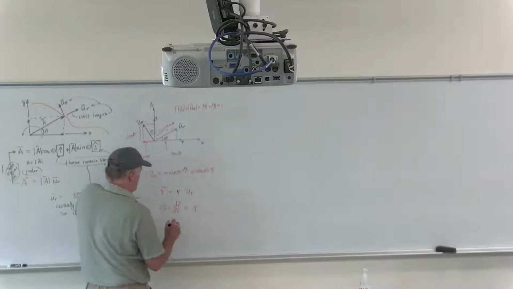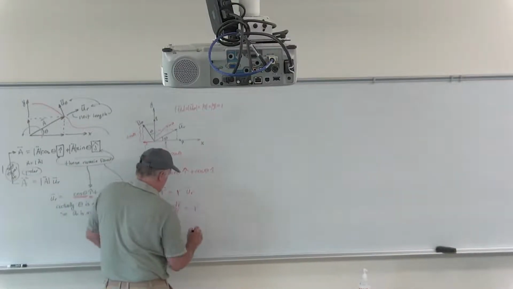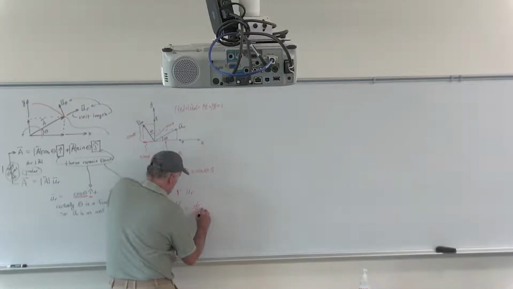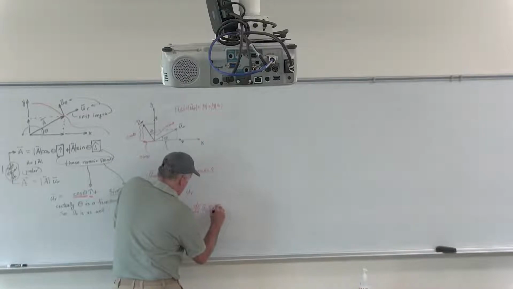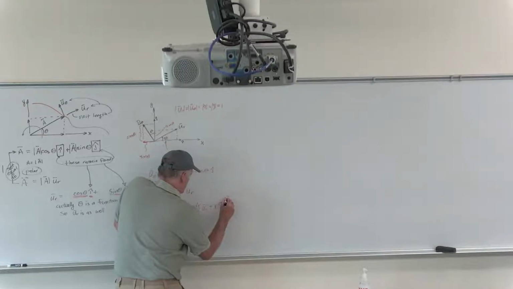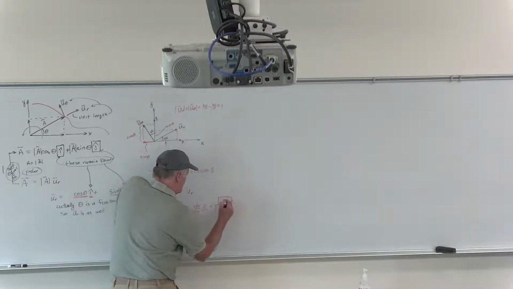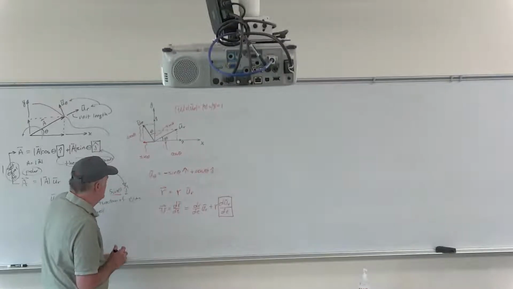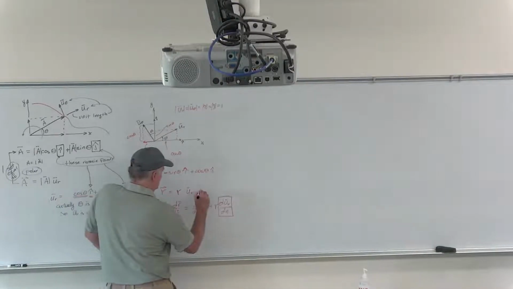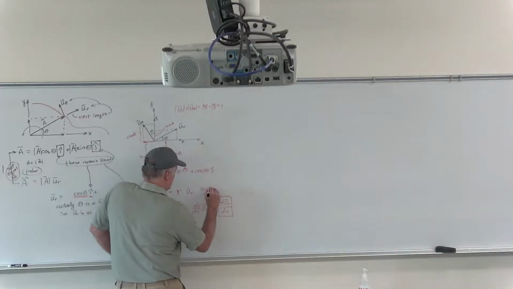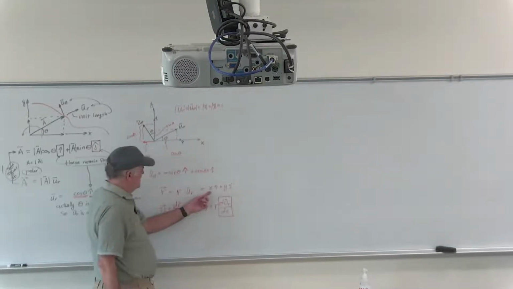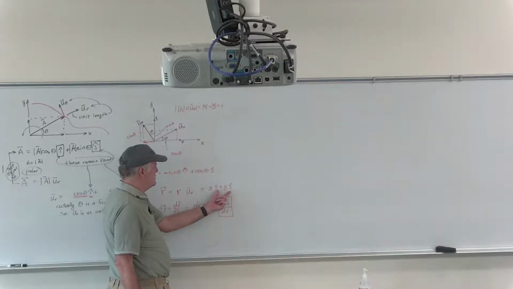Now, I have to be careful here. Let me write it in its complete sense, and draw your attention to this term. If I had done this in a Cartesian system, I'm going to erase this in a second, and I'd say x i plus y j, and I had those as a function of time, the i's and j's don't change.